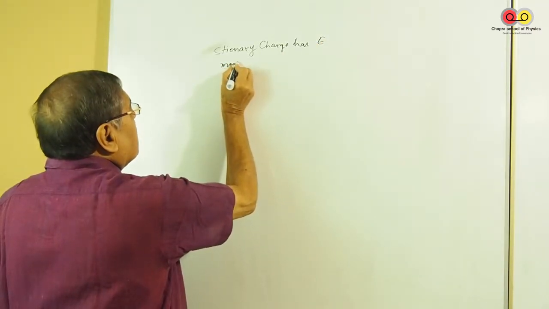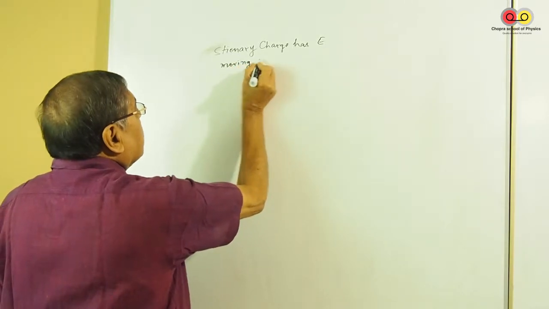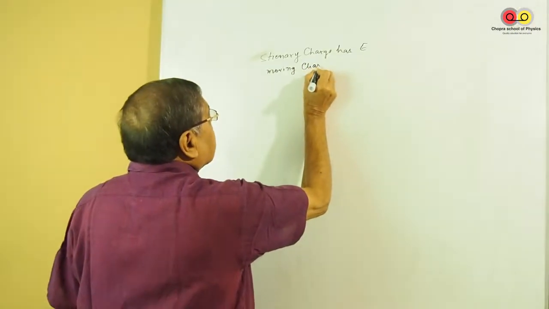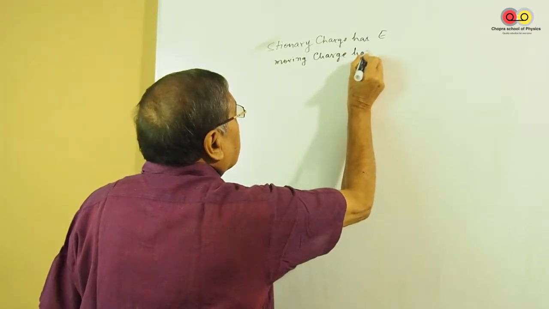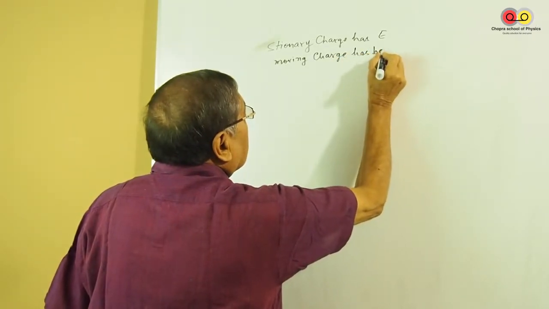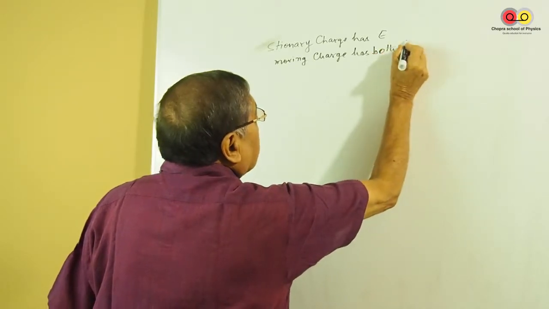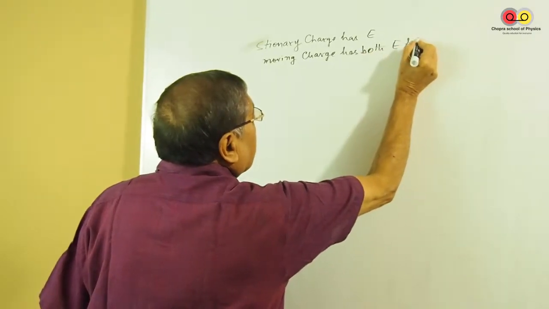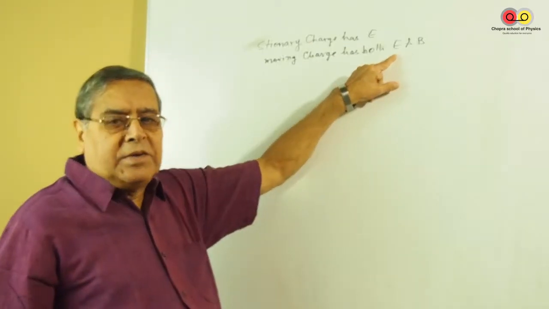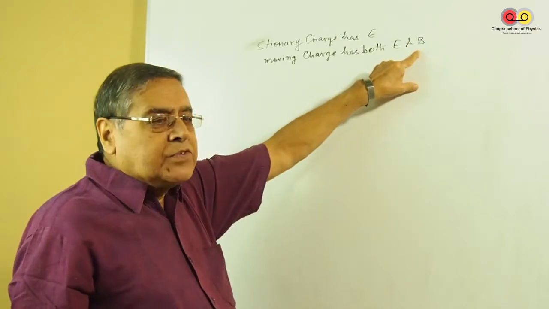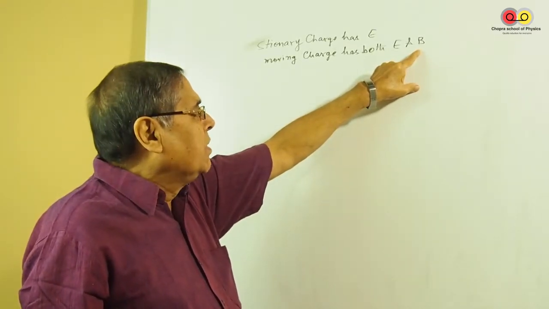A moving charge has both E and B. Well, you remember, E stands for electric field and B stands for magnetic field.